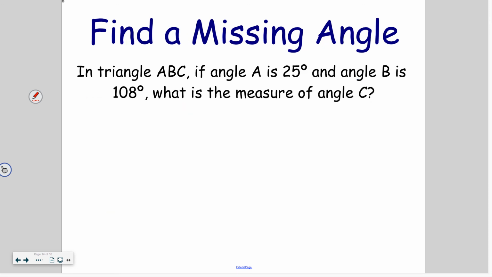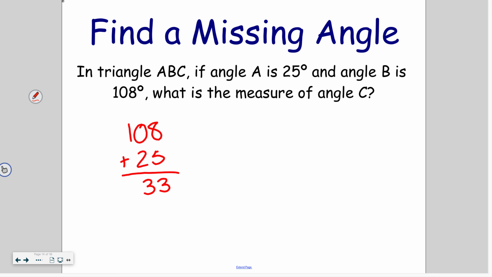Other things we could do with triangles is find the missing angle because we know that they have to add up to 180 degrees. So in triangle ABC, if angle A is 25 degrees and B is 108 degrees, find the measure of angle C. The first thing you need to do is add up what you know. So I'm going to take 108 and 25 and add them together.